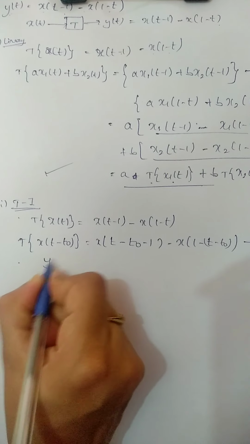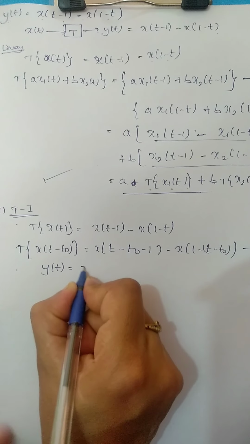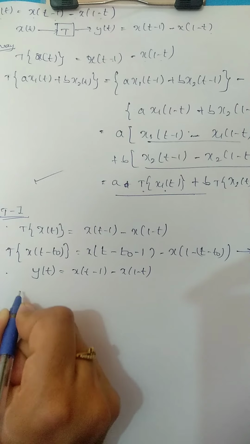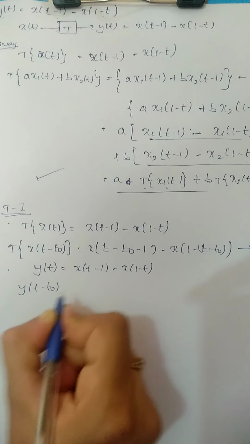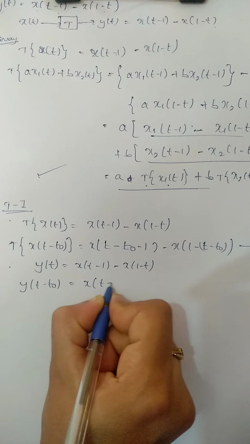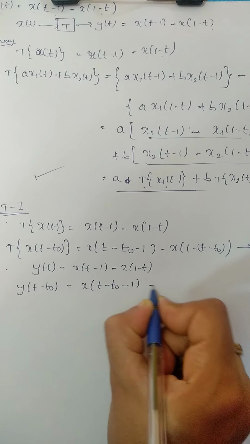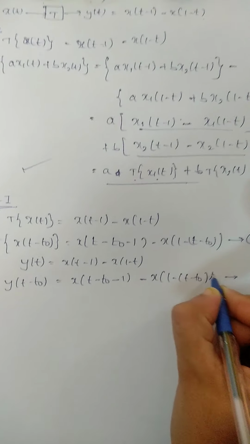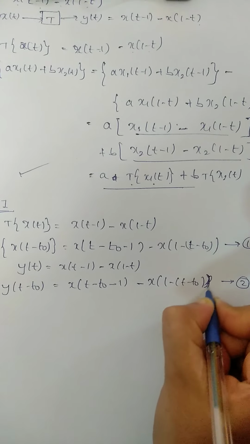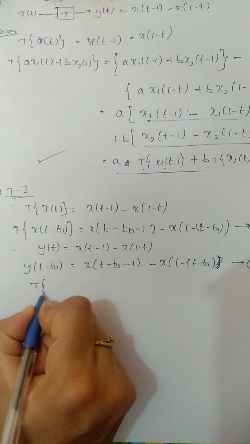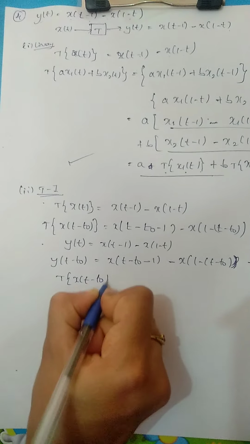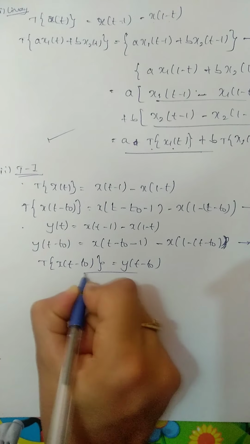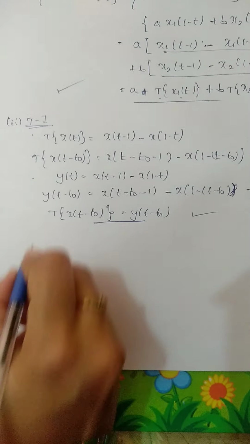If we consider y of t is equal to x of t minus 1 minus x of 1 minus t, then we replace t by t minus t naught. So this will be x of t minus t naught minus 1 minus x of 1 minus t naught. Here both 1 and 2 are equal. So we can write T of x of t minus t naught is equal to y of t minus t naught. So the system is time invariant.